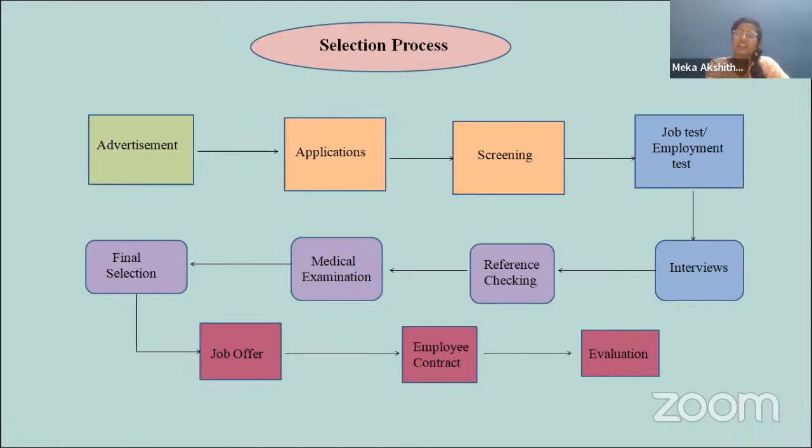Even after the candidate joins the job, in the job offer or employee contract it is mentioned that if the candidate is able to fulfill certain criteria, or learn certain training skills, they would be retained. If not, the employer, the management, has the right to remove the candidate.